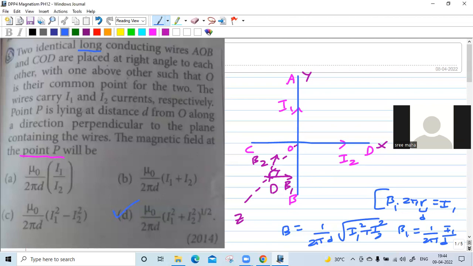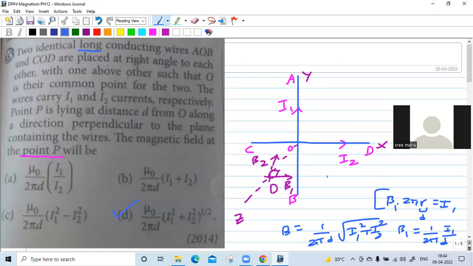Yeah, so the important thing is, one, it's infinite, so you have this formula from Ampere's law. Magnetic field is mu by 2 pi r into I. And the first thing is to visualize where the point P is. Okay, the point P in a plane perpendicular to the plane containing the wires. Again, it's not clear. Then it can be here also.